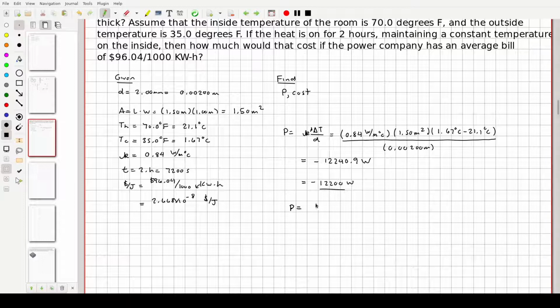Now, power, remember, is energy over time. So the energy that would be lost would be power times time, and I'm going to use the positive value of this just because we're looking at the total amount of energy that's being lost.